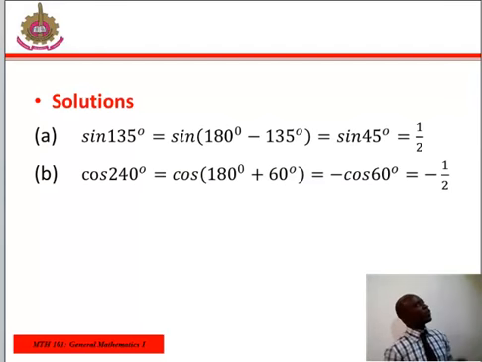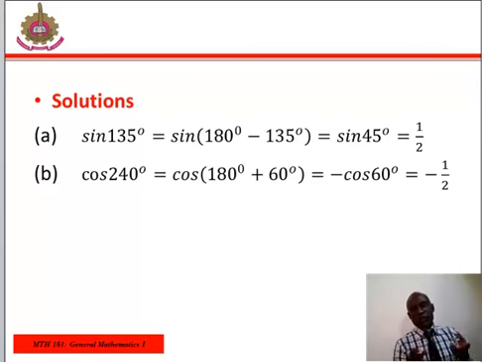This is within the second quadrant, and in that second quadrant, our sine is positive. This will give us sine of 180 degrees minus 135 degrees, which equals sine 45 degrees. And as I earlier discussed, sine 45 degrees equals root 2/2.